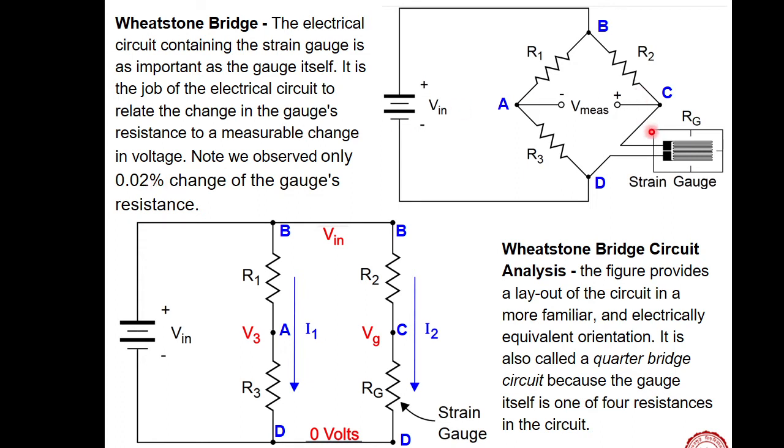What voltages are given, how much output voltage we get, and how we can enhance the sensitivity of measurement, we will see here. Let us see how we obtain a change in the resistance value through measurement of this voltage.